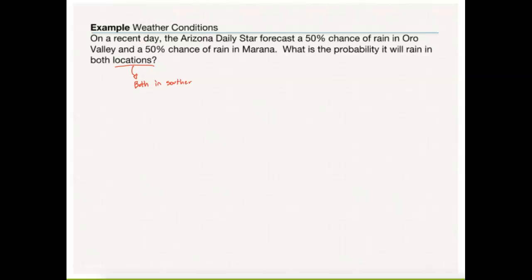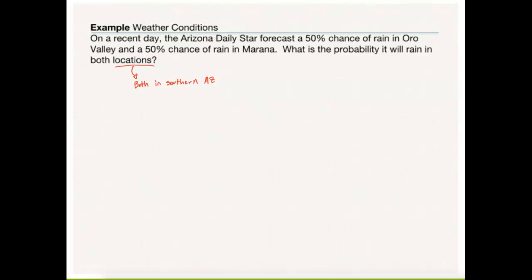This book's funny because the authors are from like the Tucson area, but this is the most widely circulated AP statistics test, so it's used around the country and around the world. But there's all these weird southern AZ specific examples that people are probably like, what Marana? What are these made up towns?